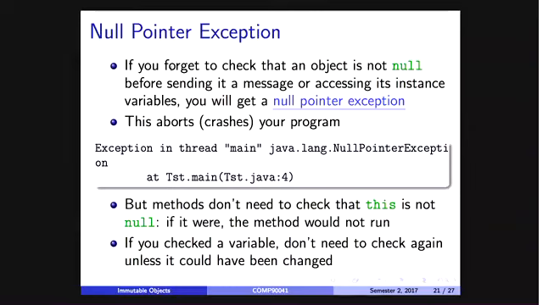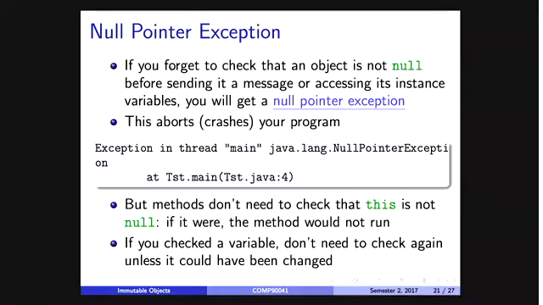Basically, as I said, you're obliged to check before you send a message to an object to see whether or not it's null. On the other hand, if you've checked, you've got an object P. Maybe what you say is if P equals null, then print an error message and terminate the program, or whatever it is you're going to do.